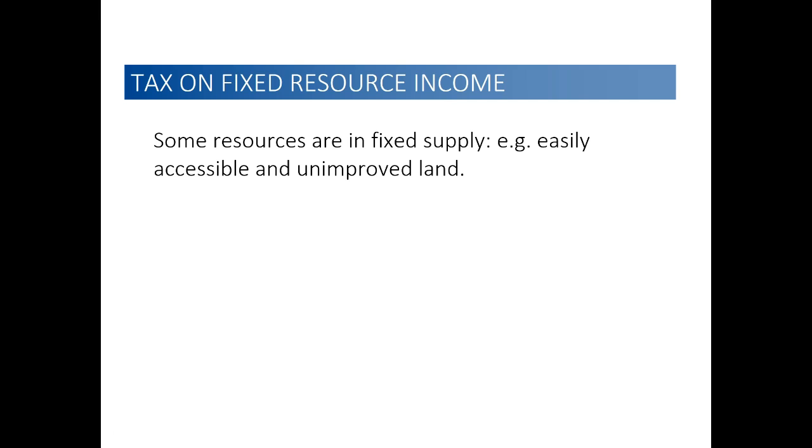What about the case of fixed supply? That is where we would have a supply curve which is vertical. That is, no matter what the price is, the quantity supplied will remain constant. An example here is easily accessible and unimproved land.